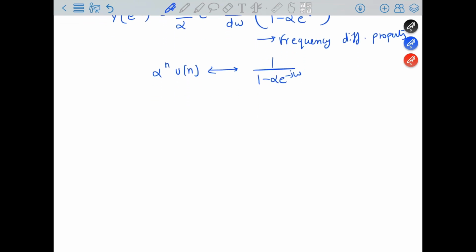If we multiply by n in the time domain, so it will be n alpha^n u[n], its Fourier transform will be j times d/dω of 1 over 1 minus alpha e^{-jω}.